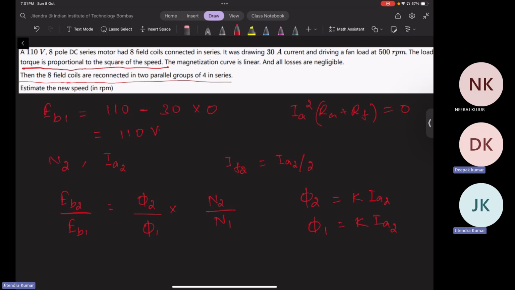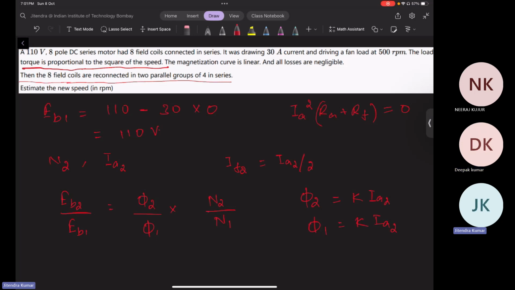Sir, I am not able to calculate, but I think they are not equally divided because three coils are in parallel.